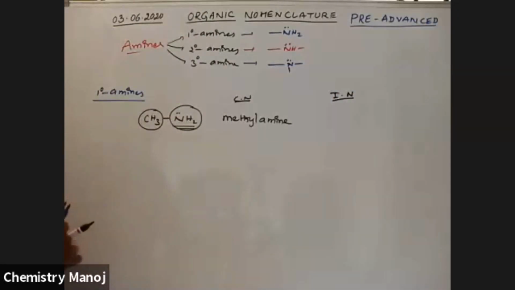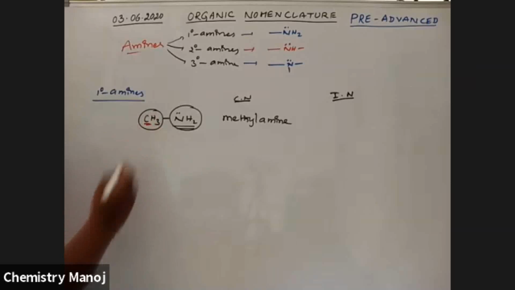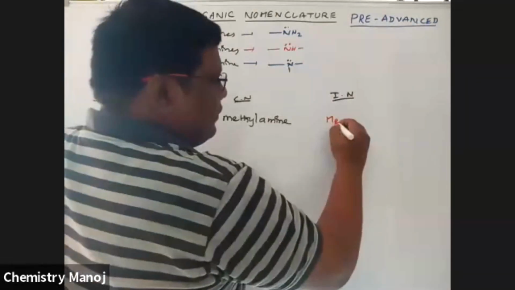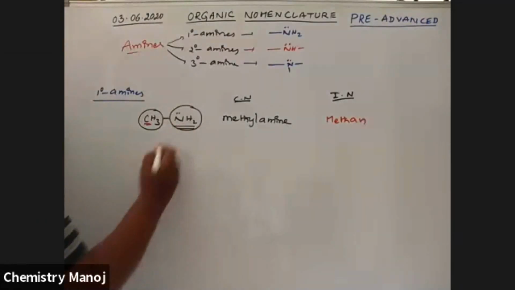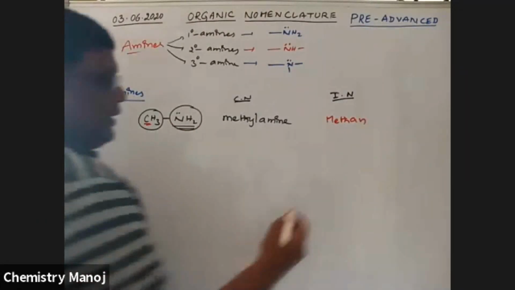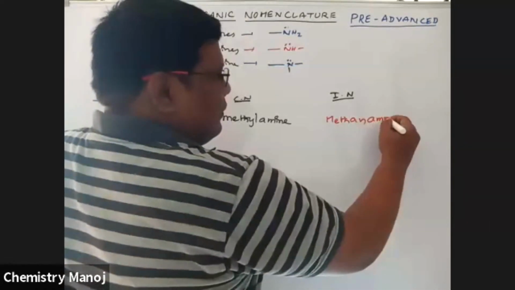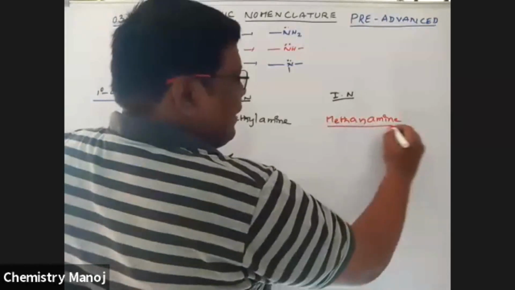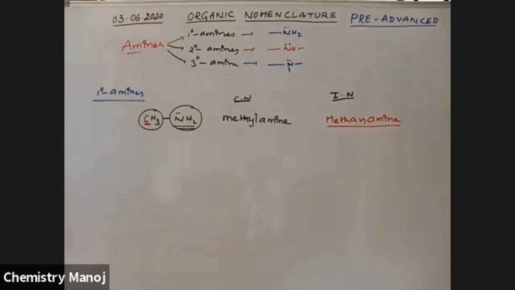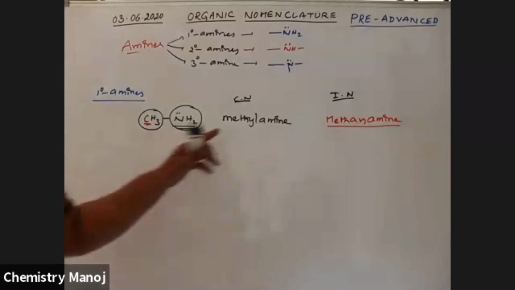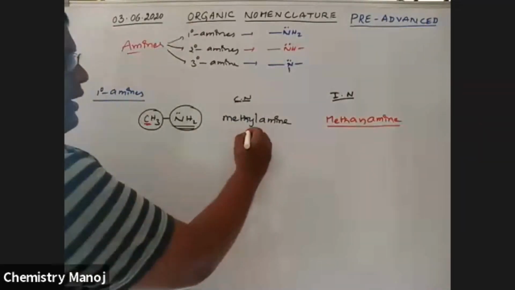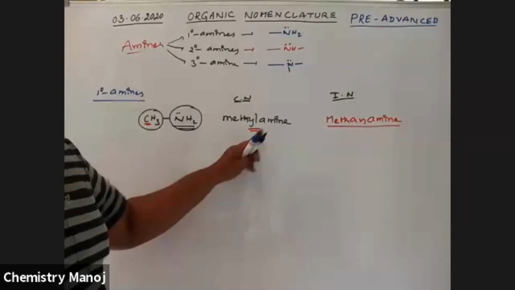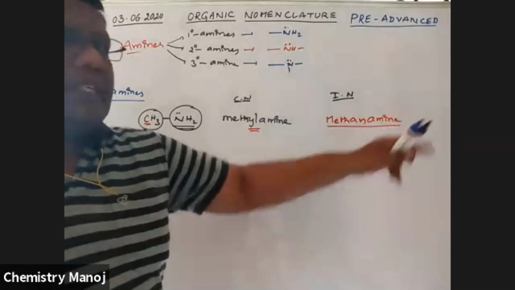One carbon is meth, an, and if NH2 is there, amine is used. Methanamine is the IUPAC name of this compound. Methylamine is the common name, methanamine is the IUPAC name.